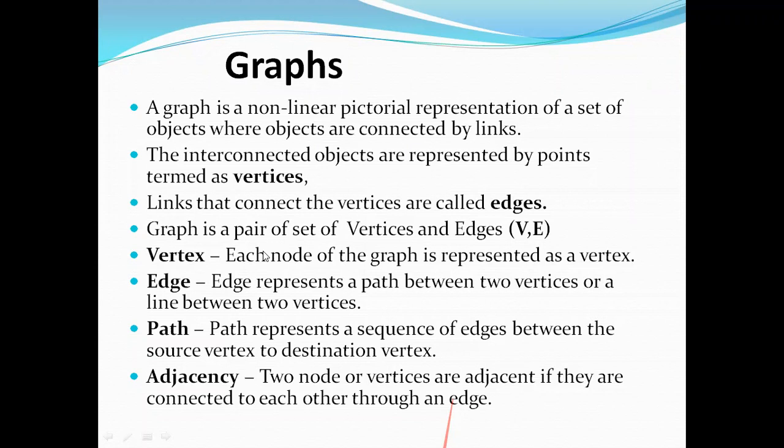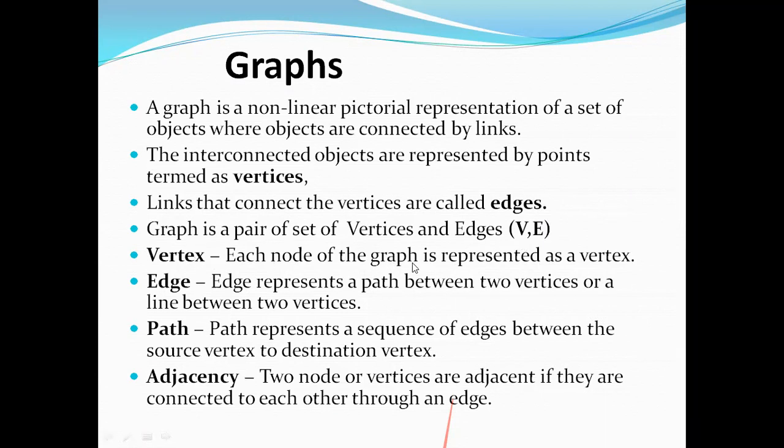The interconnected objects are represented by points termed vertices, and the links that connect the vertices are called edges. We use the word nodes in the case of a tree, but instead of nodes, we use the word vertices. In a tree, we also use the word edges, and similarly we use the same word edges here. So vertices are connected with the help of edges. We always represent a graph with a graph name, vertices, and edges.